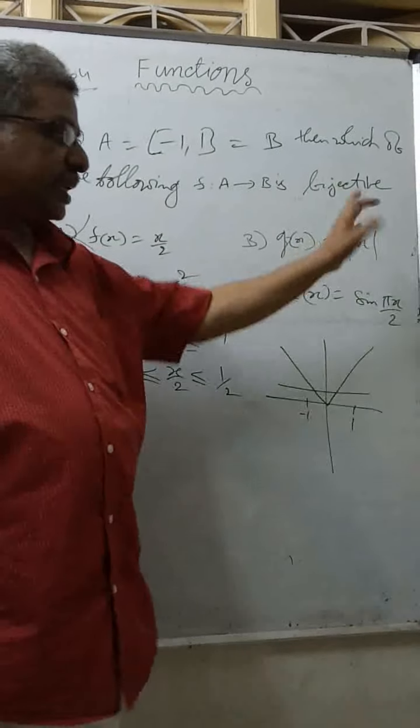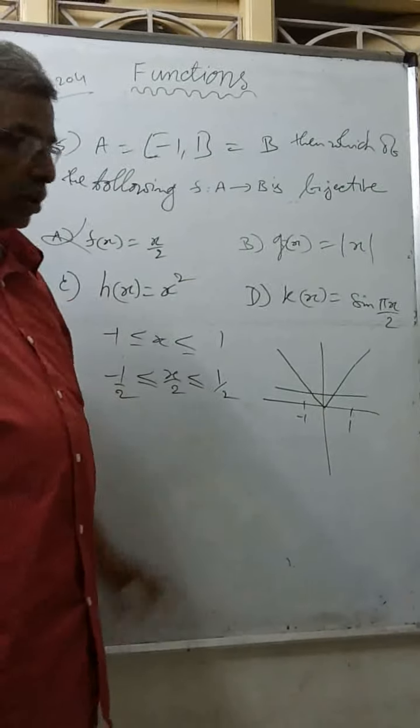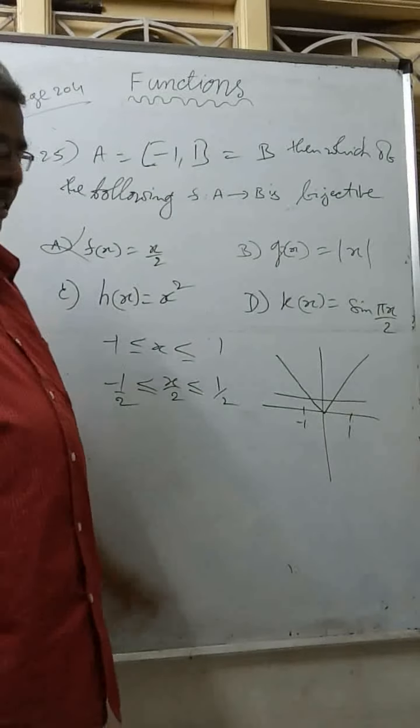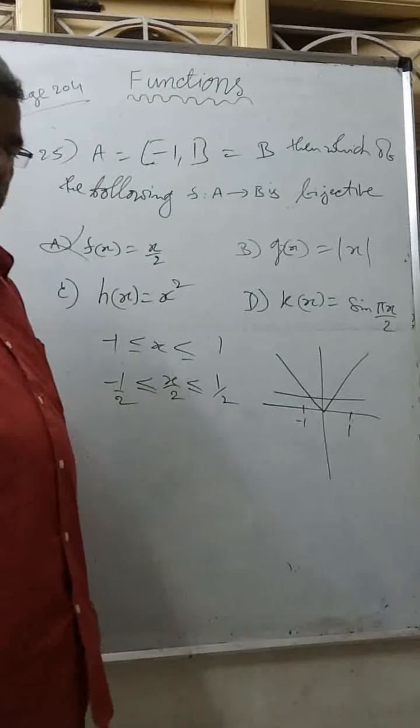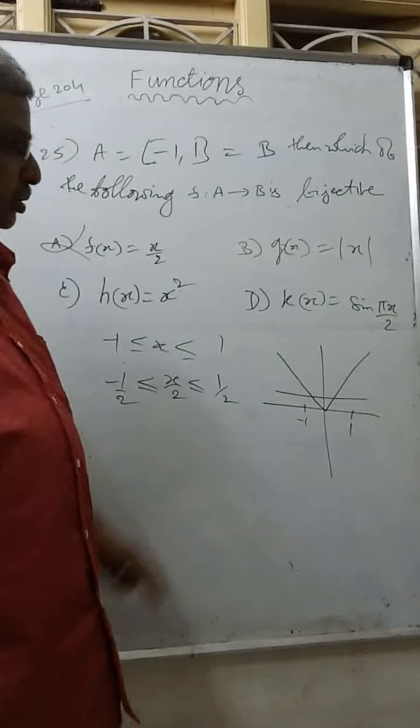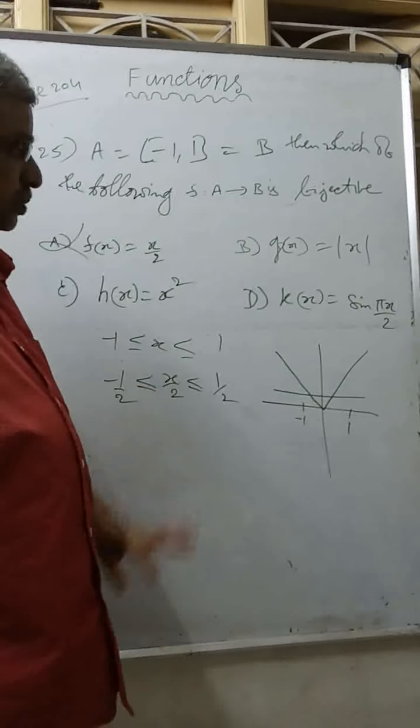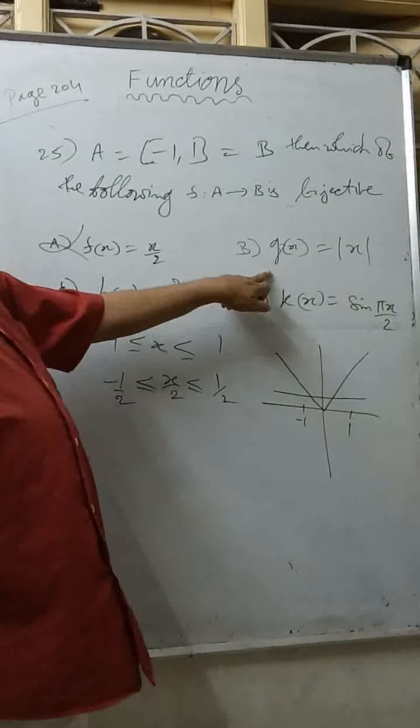Or you can take mod x1 equal to mod x2, which means x1 equals plus or minus x2. So there are 2 values for x1, which is not one-one. The graph makes it very easy to say this is not one-one.